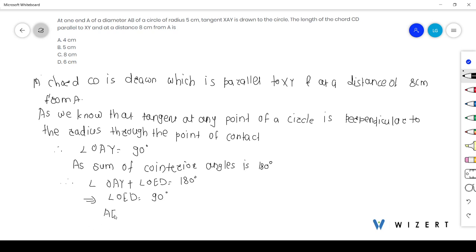We have given AE equals 8 centimeters. This is given.